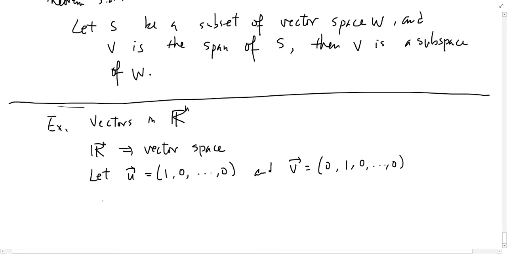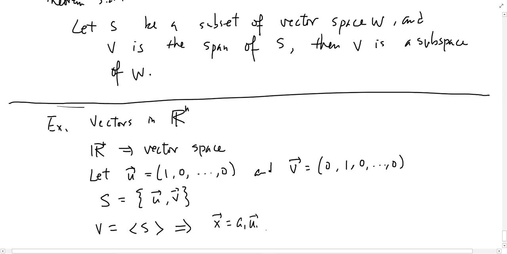So let's consider S, the set, being the vectors u1 and u2. I'm going to define V to be equal to the span of S. What does that mean? That simply means all vectors X in this form. Actually, since I'm not using subscripts, maybe I'll just use this.